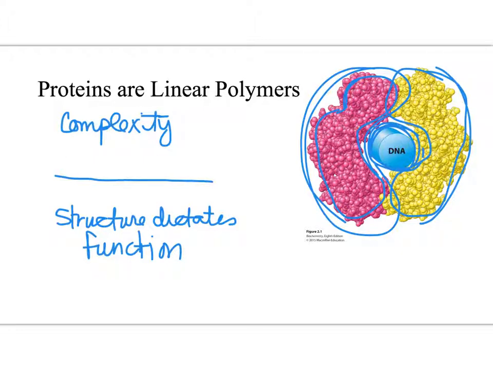Then there's the level of tertiary structure, where we have longer range intermolecular forces that are forming more complex three-dimensional structures. And then quaternary structures, where you have interactions of different polypeptide chains or different protein chains with one another. And we'll explore all of these as we move through this chapter.